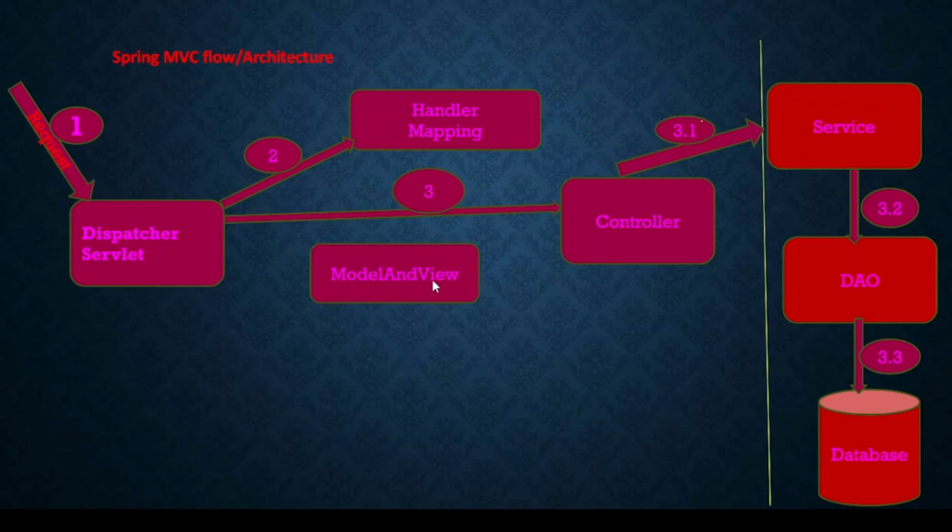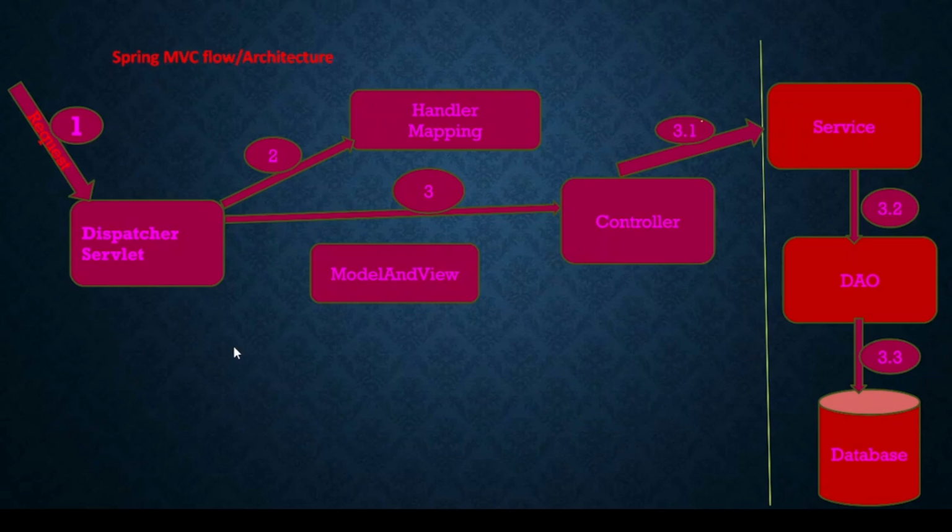Remember one thing: inside our web application we have the web folder, and we'll put all our views there. It may be a home.jsp or success.jsp, which we'll see in the subsequent tutorial. In a typical web application, the views go inside the web folder, as we have seen in the servlet tutorial.